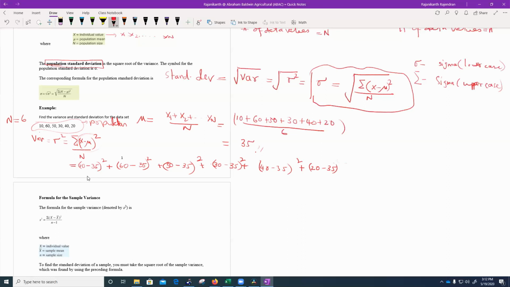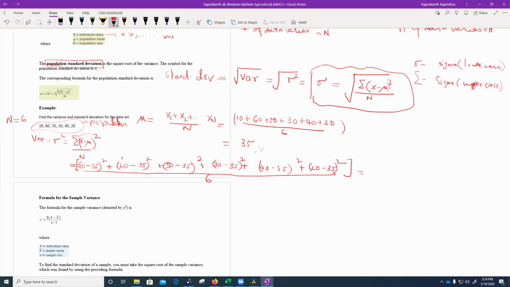Now we have to divide this all by what? By n. The number of data values is 6 now. Therefore, you need to divide by 6. Now take your calculator. Type this all together, put the parentheses there, then divide by 6. So use the calculator and find this answer.